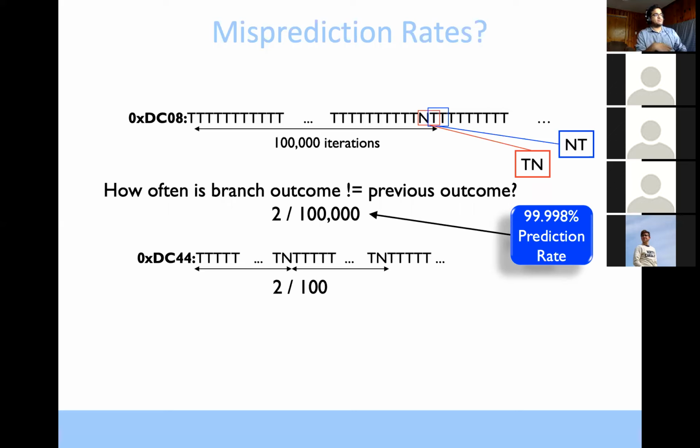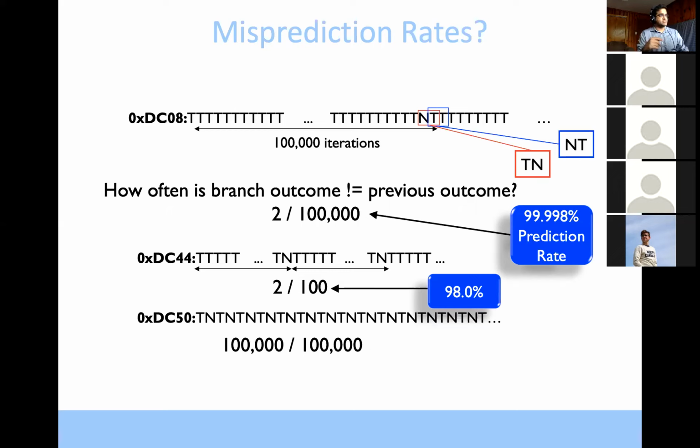The prediction rate for the second one, where it's is it divisible by 100, like, is it a multiple of 100, we'll have typically 98%. It fails every 100. I'm assuming this. Let's go with this number.